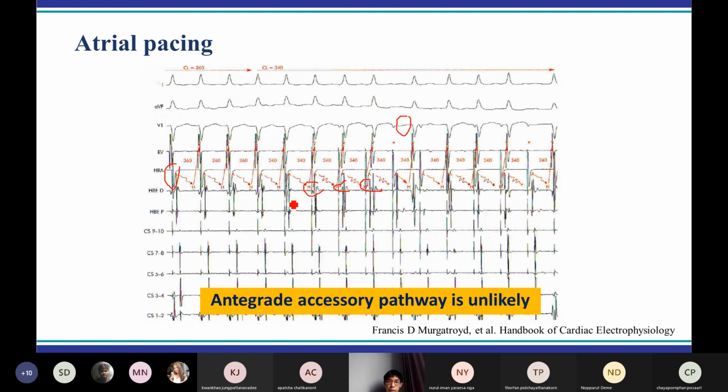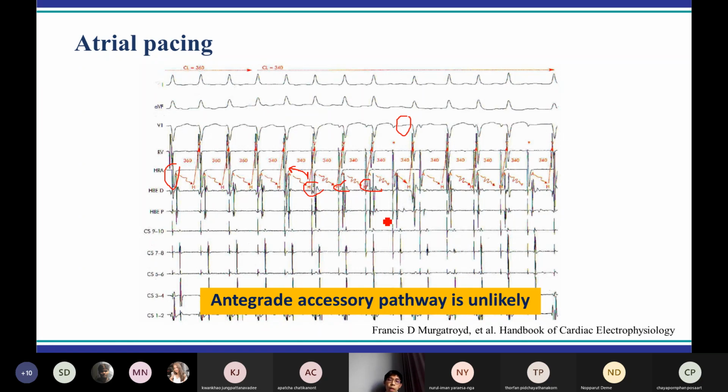And when you pace faster, the signal from A to H is likely to be delayed because, as you can recall, there is a decremental property in the AV node, which occurs when you pace faster, and the AV node goes into a refractory period. The AH interval, which is the time for the signal to conduct from the atrium through the AV node to His, becomes longer.